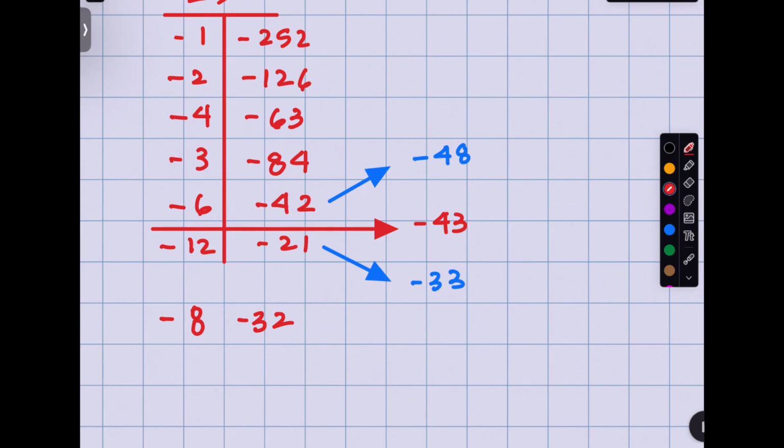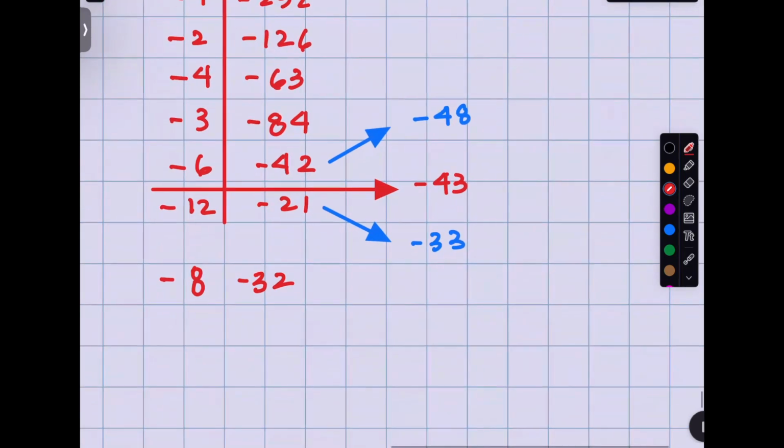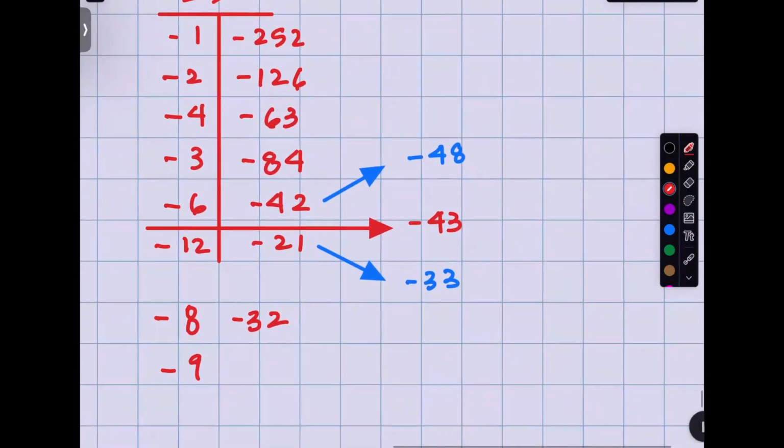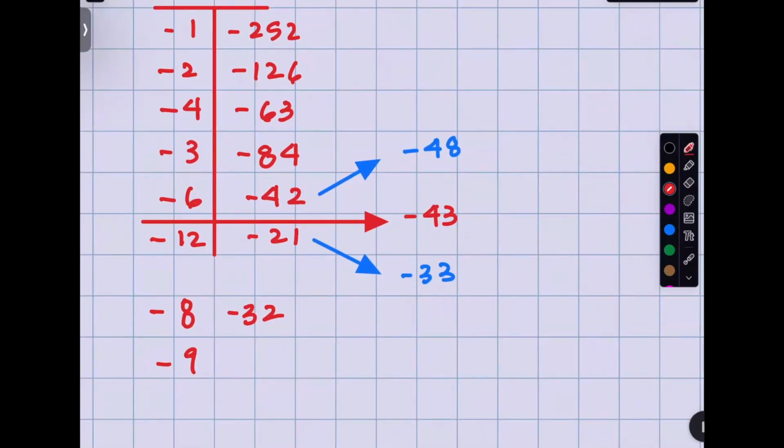No, that's negative 40, right? Does negative 9 go into it? Yes. Okay, I want 252. Does 8 go into it? No. How about 9? I know 9 goes into it.